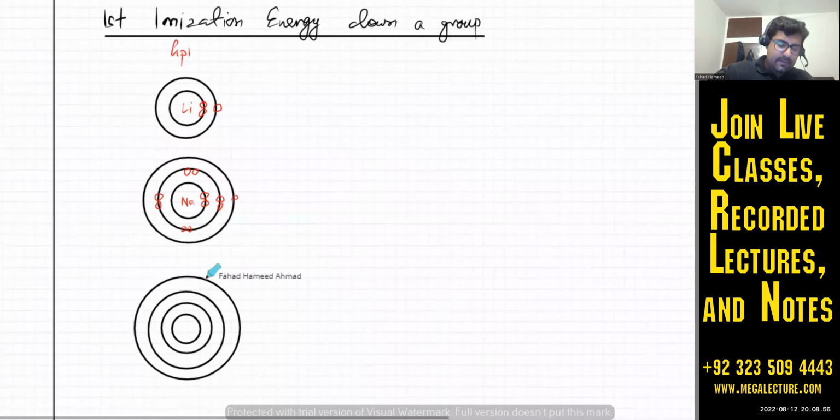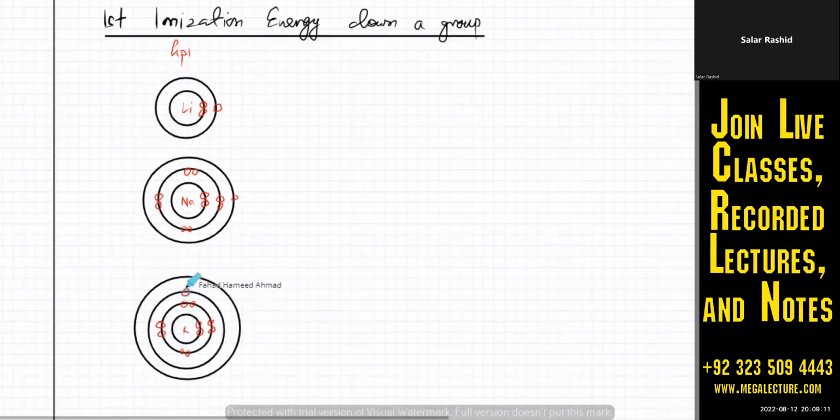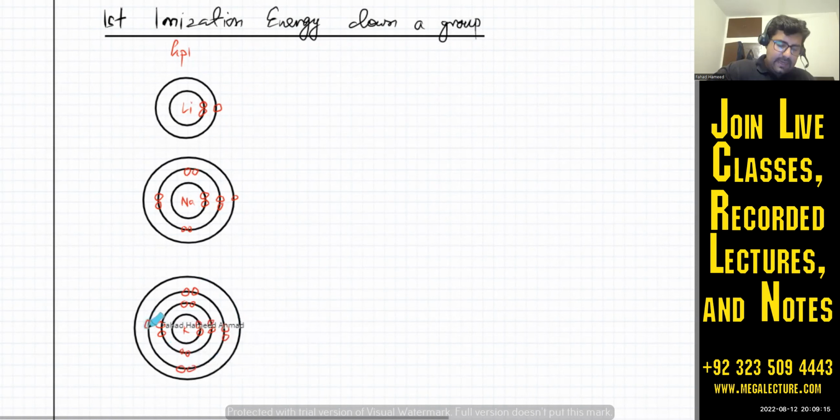Then you've got potassium, which is 2, 8, 8, 1: 2, then 8, then another 8, and finally in the end there's 1 electron.